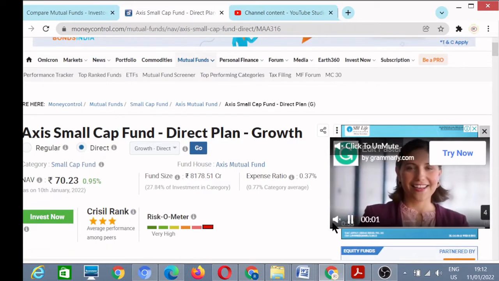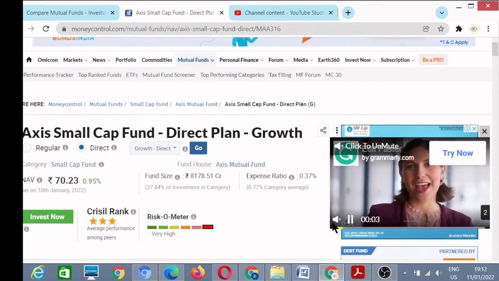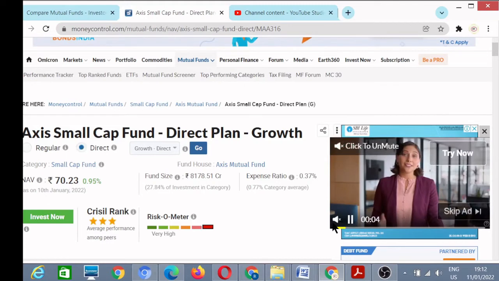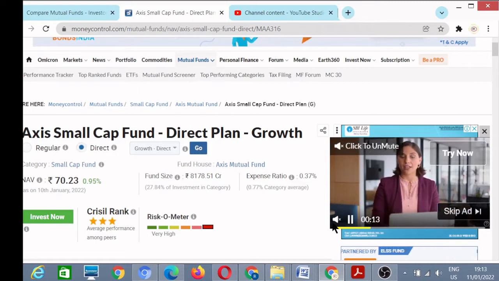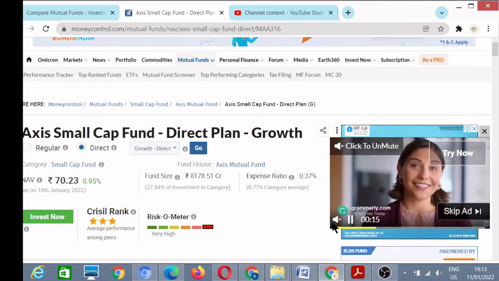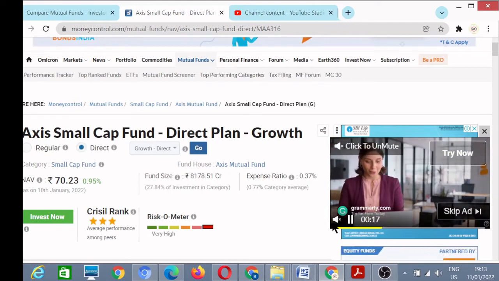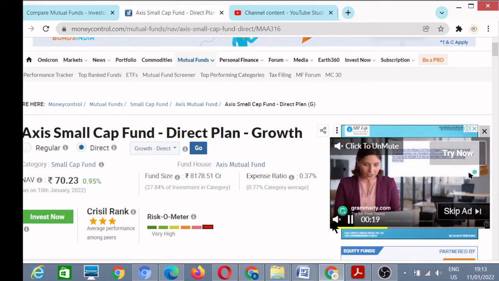No dividend, no regular, because regular plans have a commission of a commission agent, and in dividend a small percentage of your profit is leaked into your saving account. So we will always be interested in direct plan and growth option only.